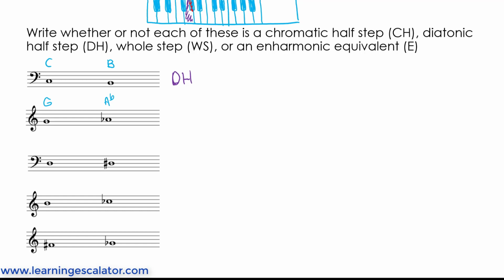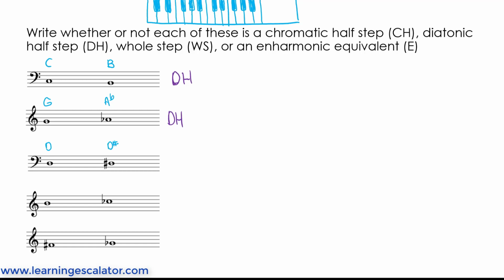So if you want to know, well, that's a half step because it's one note above G. So if you want to know if it's a diatonic half step or a chromatic half step, well, since G and A are different letter names, that means it's another diatonic half step. Now the next one is D and D sharp.